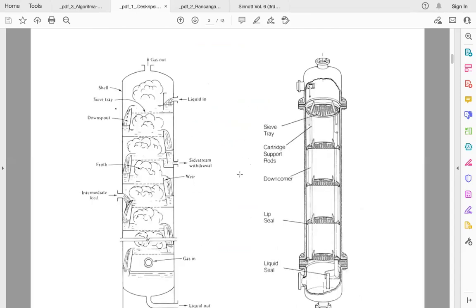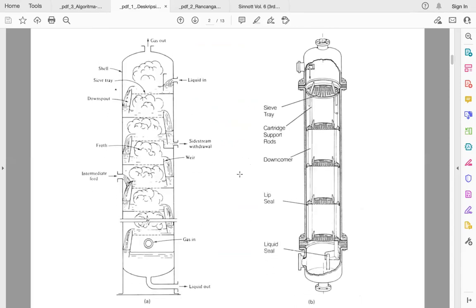Okay, so this is what we see in the TriColumn. Basically this is one tray where we have the liquid coming in, and in order for the liquid to have contact with the vapor from the bottom, there is some sort of baffle, a barrier.